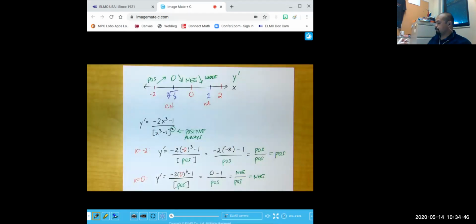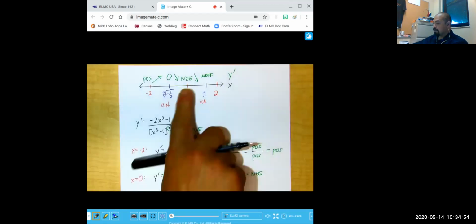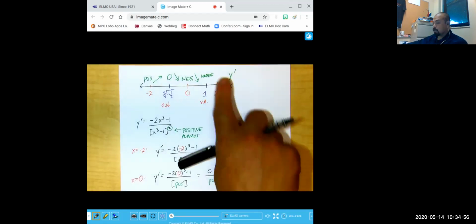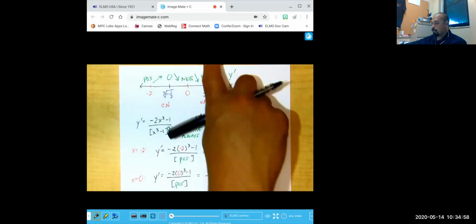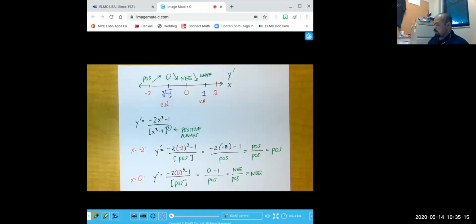At positive 2, we hopefully understand what's going to happen there. As I go from left to right, we're going to see that we're going to be decreasing again. We're going to go from positive infinity down. So we should hopefully, as I compute this, see that when I plug in positive 2, and let me not forget my cube, negative 2 times 2 cubed, 8, negative 2 times positive 8.